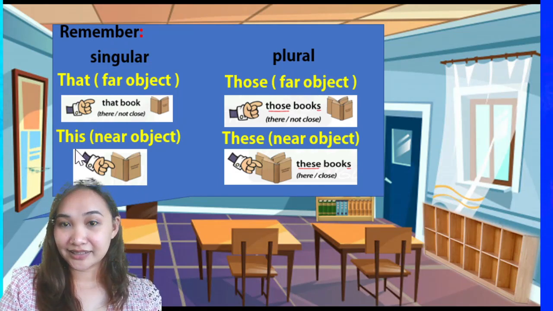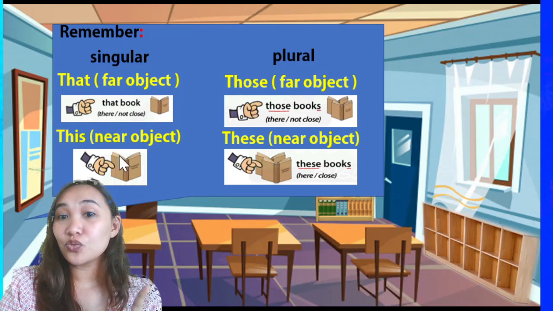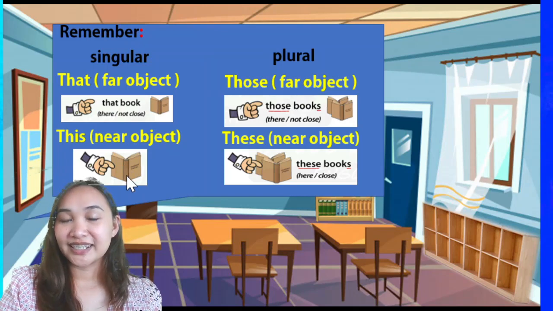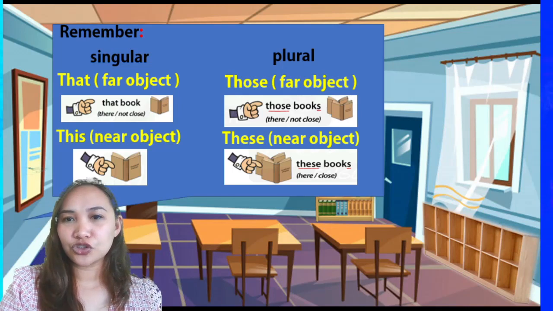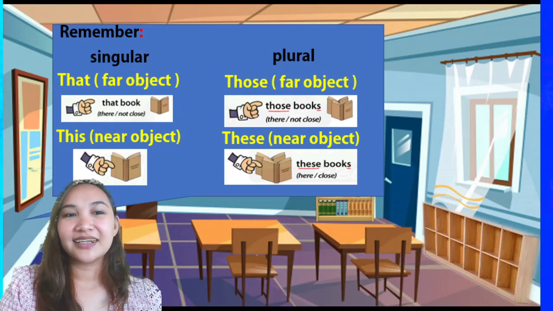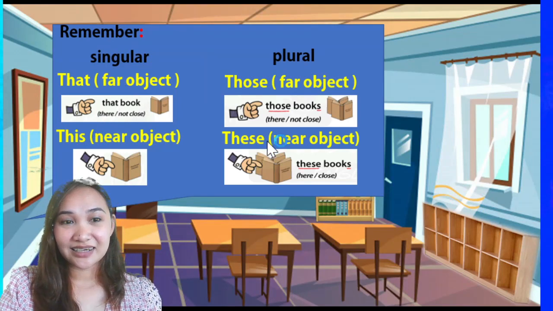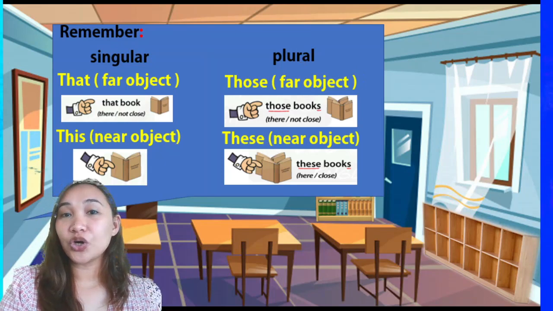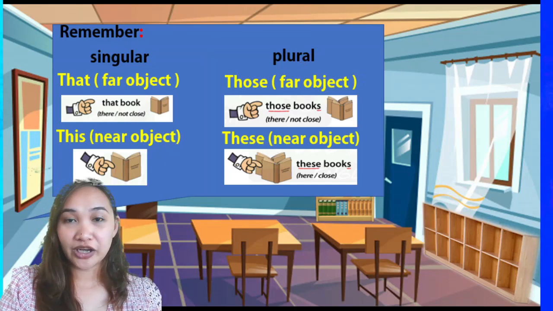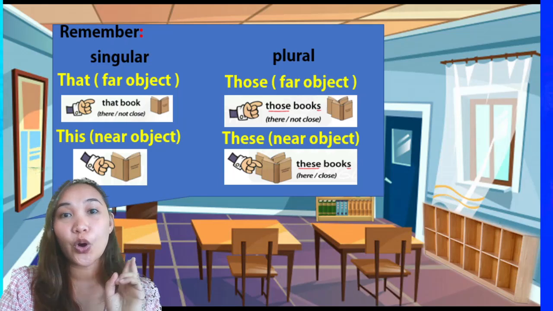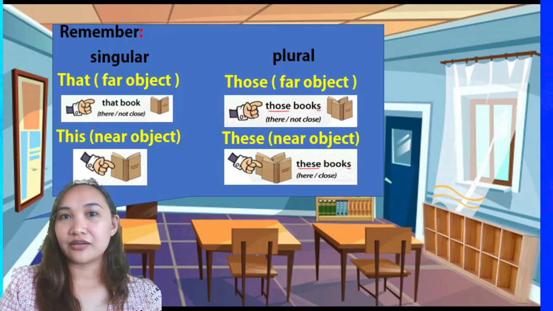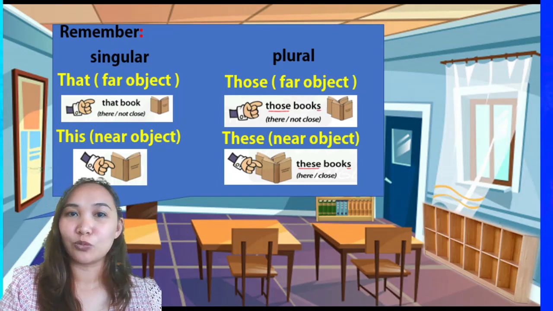Okay, this. We are talking about one object, a singular object, and the object is close to us. We use this. And these if we are talking about objects that are two or more, or if the objects are plural objects.